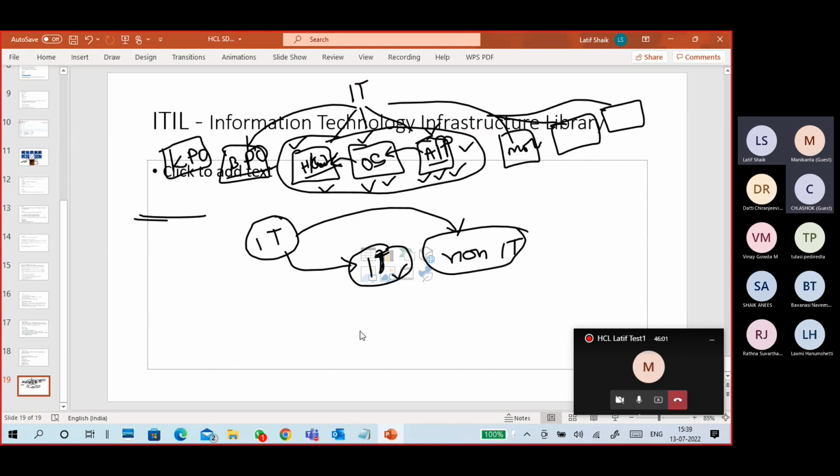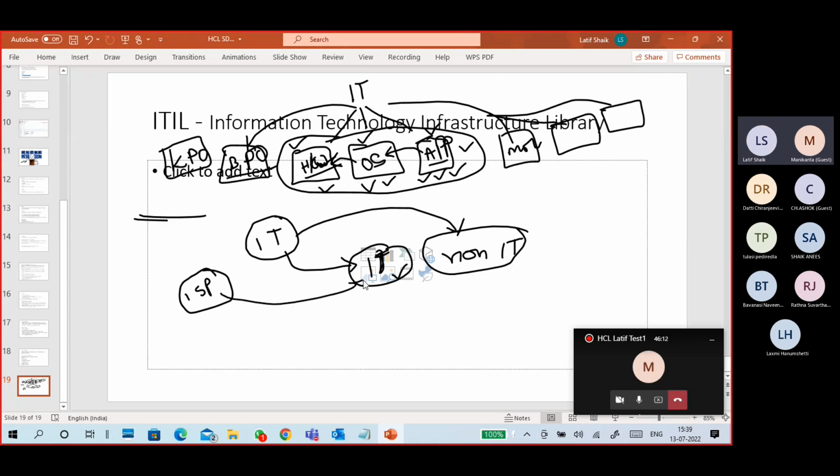We need an internet connection. An internet service provider is an IT business providing a service to us. It is IT, and I'm utilizing IT services. Maybe we need computers or a server or networking devices.